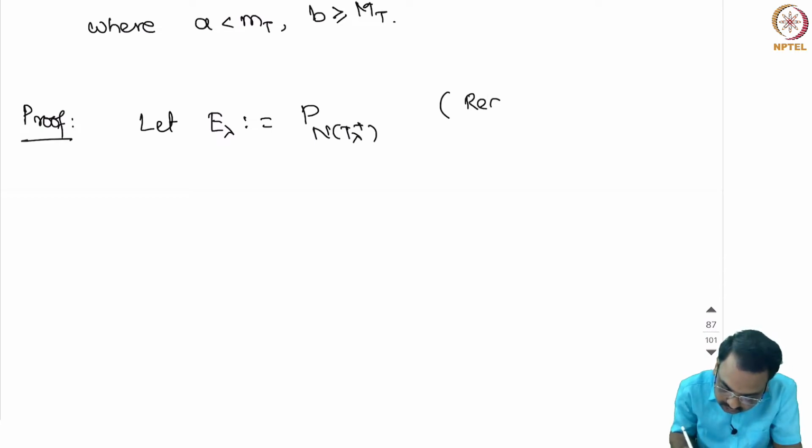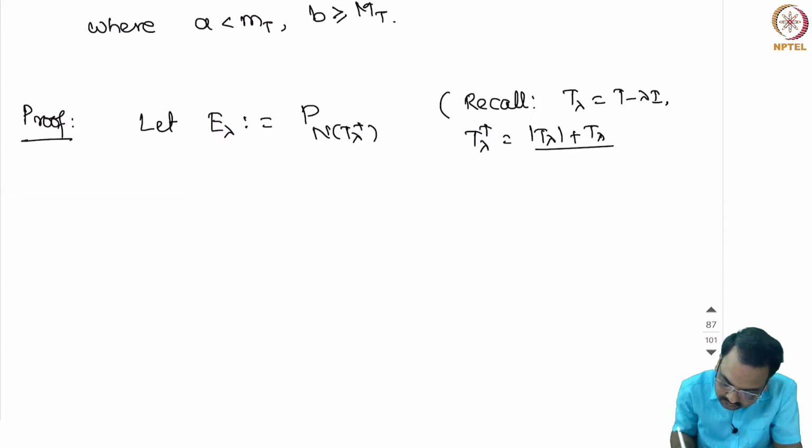So recall T lambda is T minus lambda I, and T lambda plus is mod T lambda plus T lambda by 2.